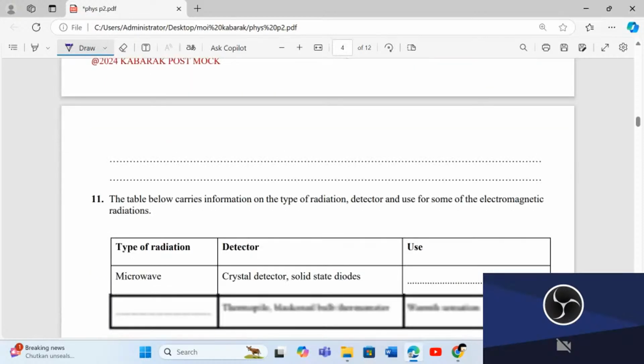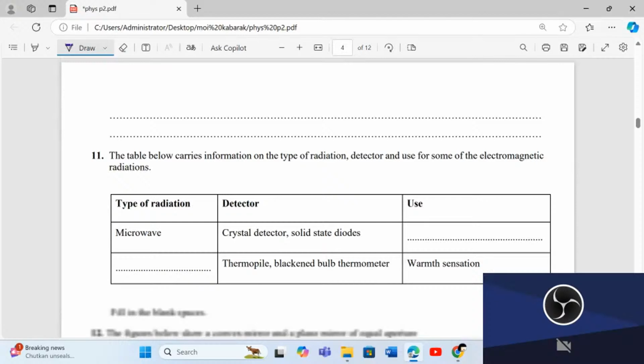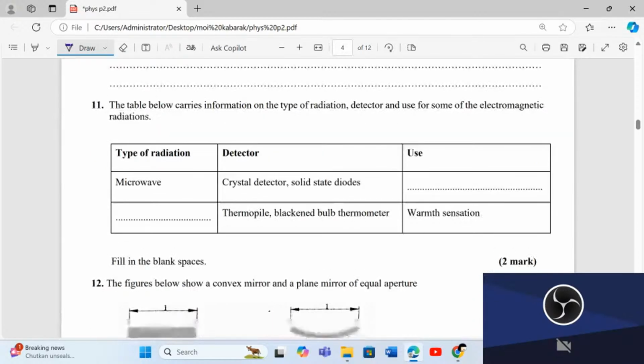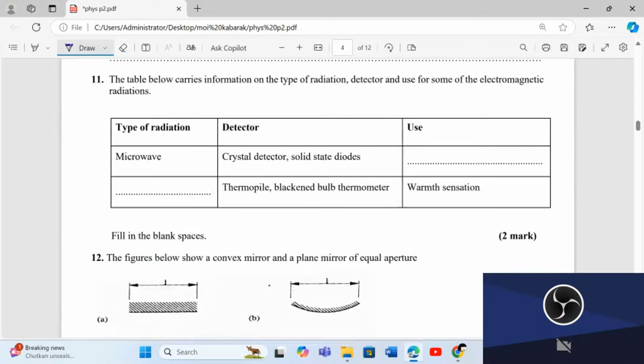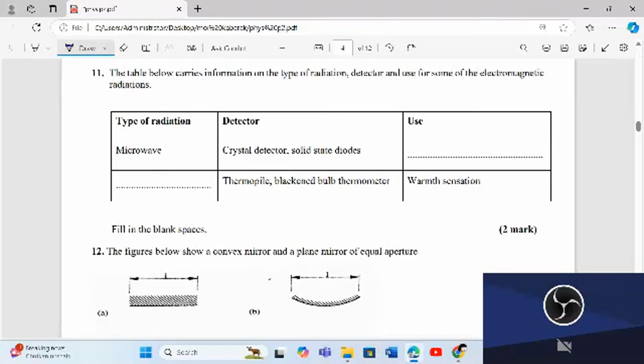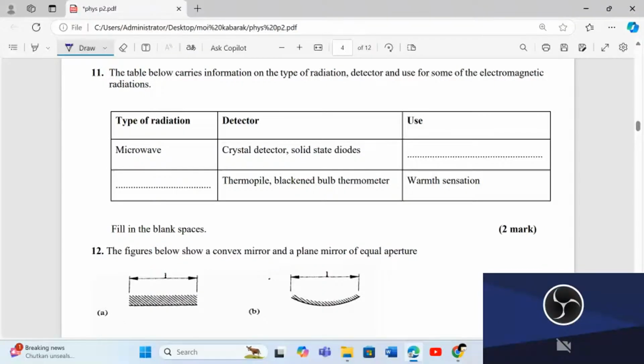We can move now to question 11. The table below carries information on the type of radiation detectors of some electromagnetic radiations. We have microwave. It is detected by use of a crystal detector, solid diodes. Then what is the use for this one?